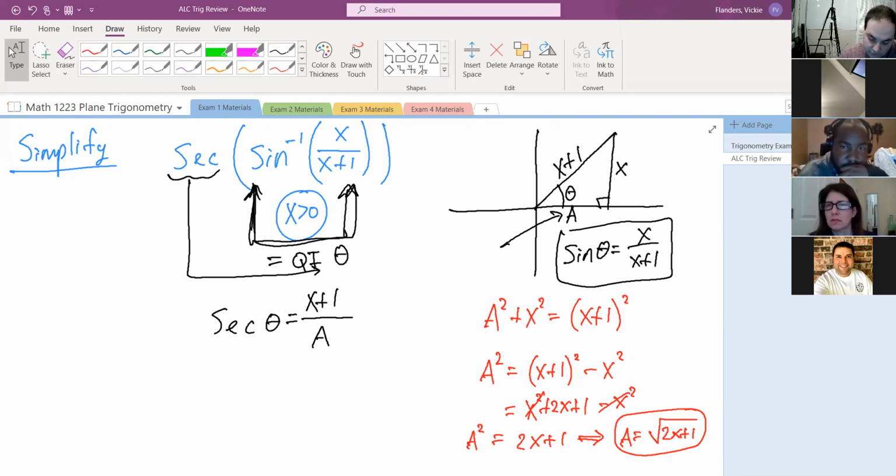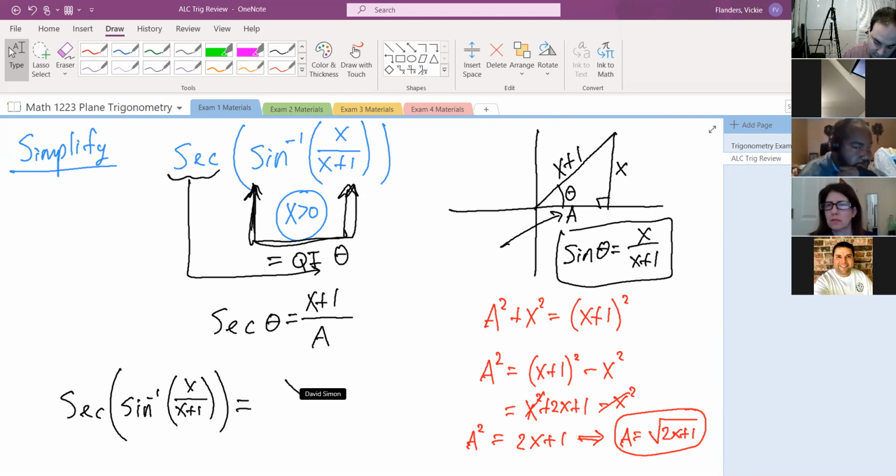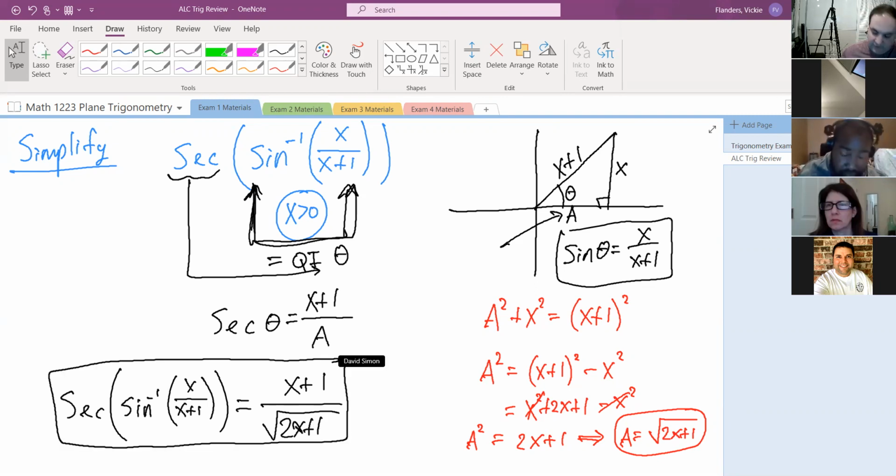So the final answer here is that the secant of the inverse sine of x over x plus 1 is equal to x plus 1 divided by the square root of 2x plus 1. Now, this was sort of an advanced example, but I want you to notice that even if they had given me numbers inside of that inverse sine, I could have followed the exact same process.